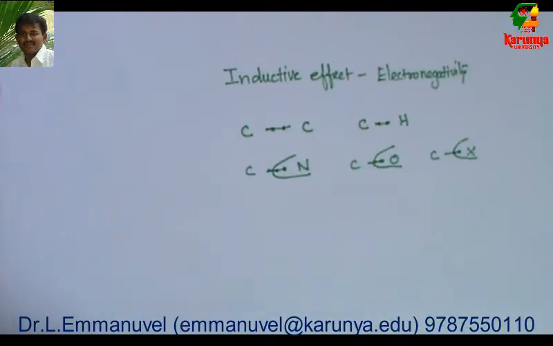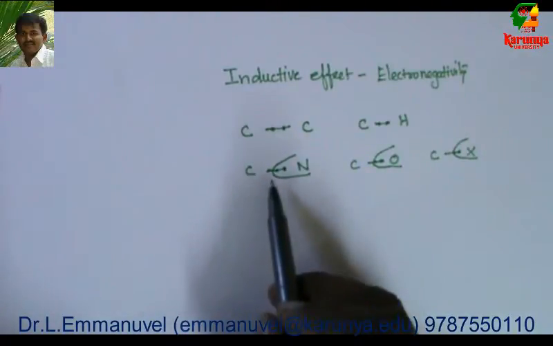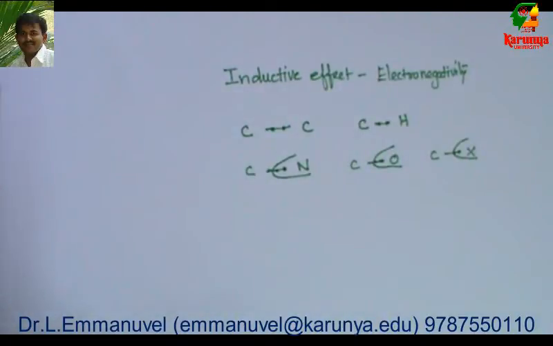What is electronegativity? It is nothing but the ability of an atom to pull the electron cloud towards it. It may be in the bond or it may be a lone pair of electrons. So it has the ability to pull that. That is called electronegativity. And this phenomenon is known as the inductive effect.